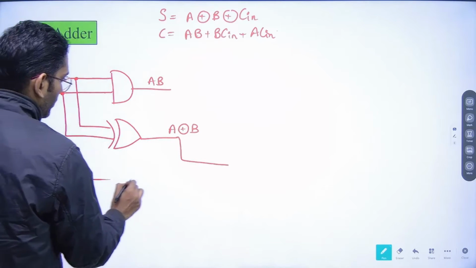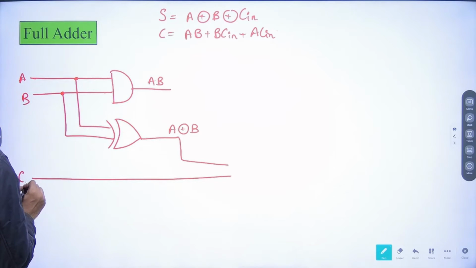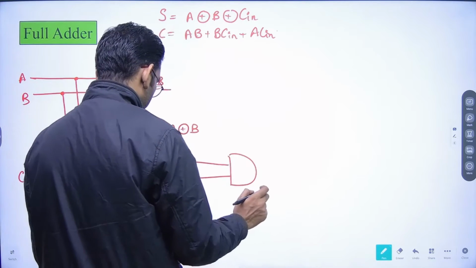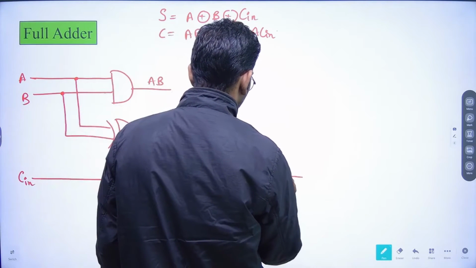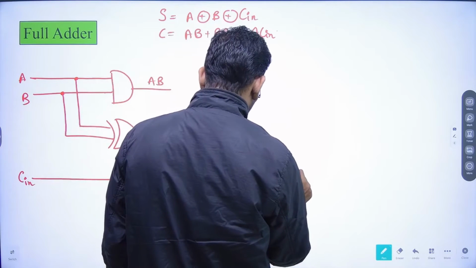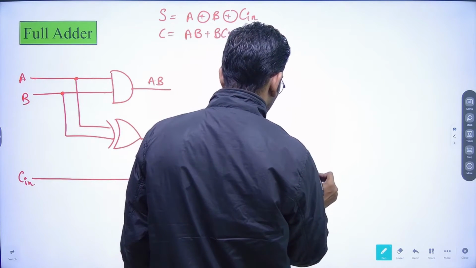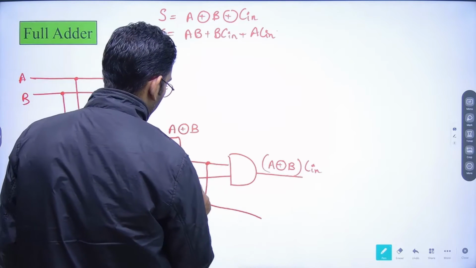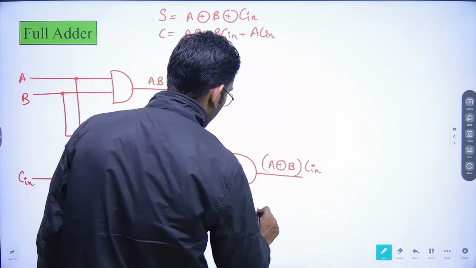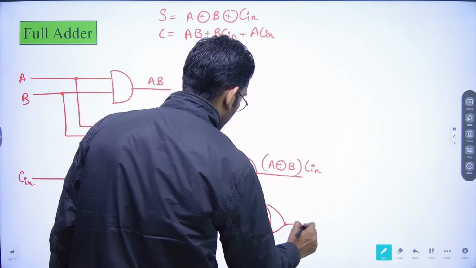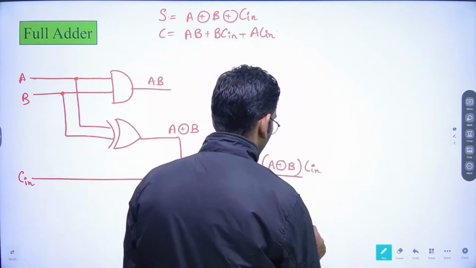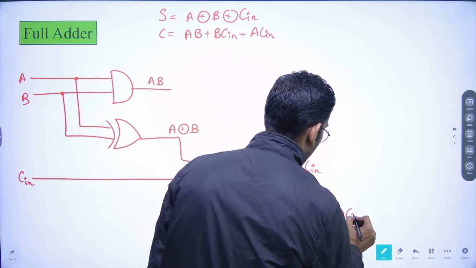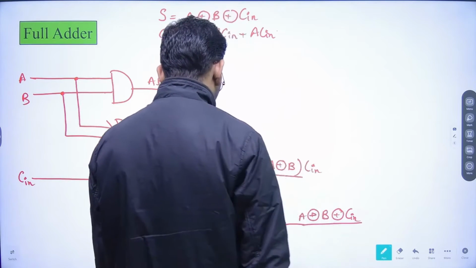So next we would be taking C in. Here we would be getting A XOR B added with C in, so here we will get A XOR B XOR C in.